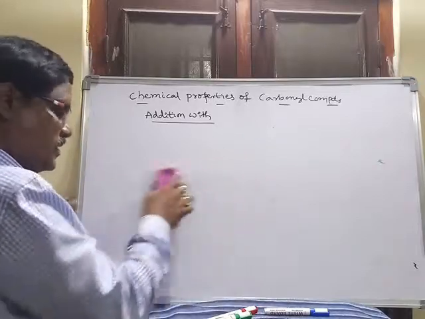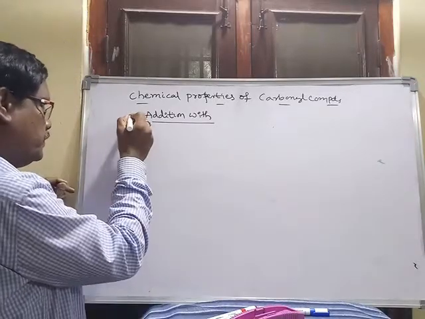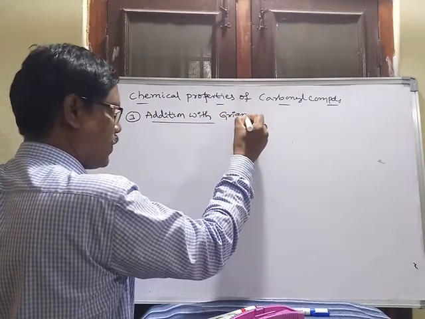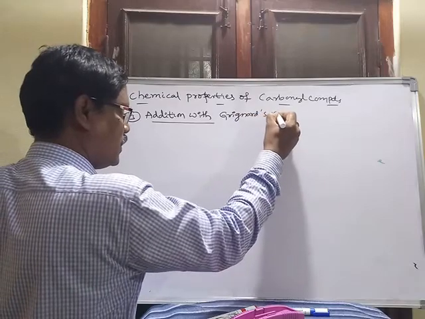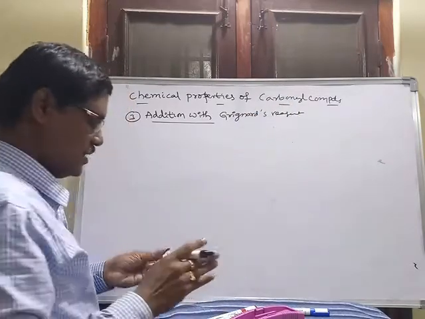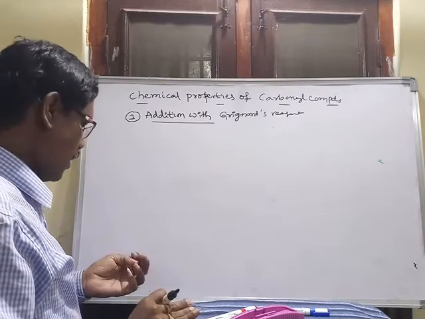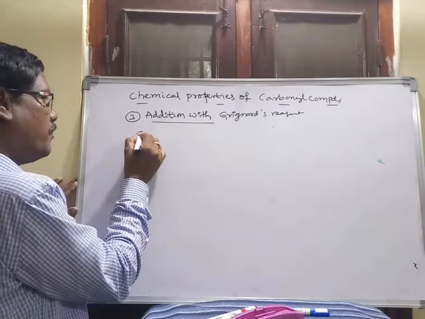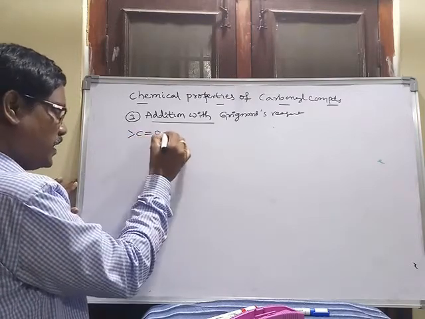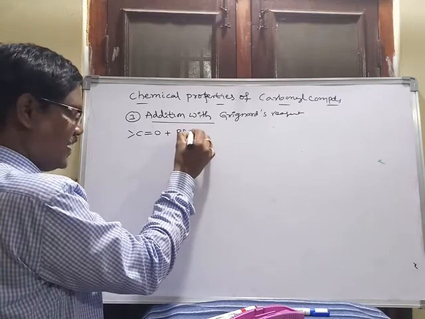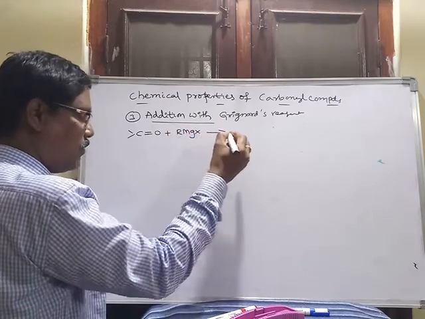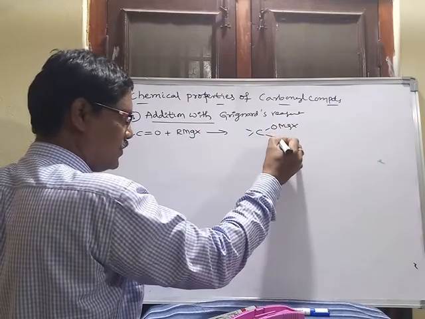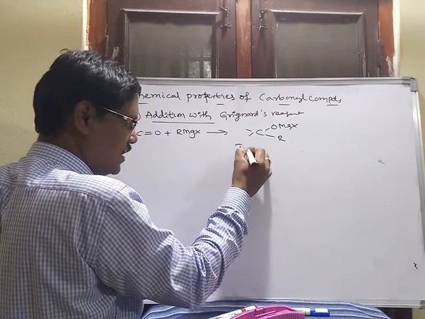Addition with Grignard reagent. The general statement: the carbonyl compound reacts with Grignard reagent, RMgX, to form an intermediate, OMgX and R. So this is called the intermediate.